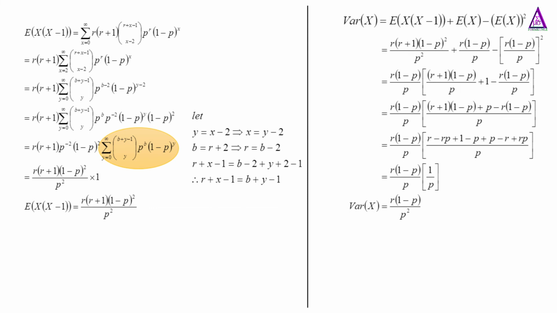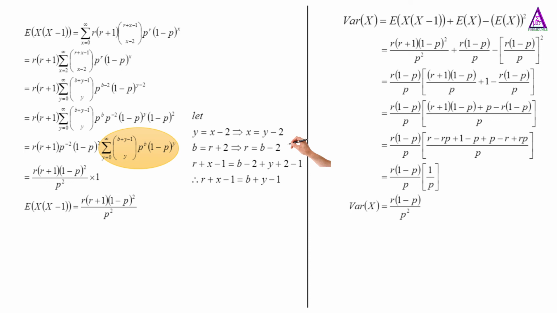After that, say let y equal x minus 2, which implies that x equals y plus 2, and b equals r plus 2, which implies that r equals b minus 2. So therefore r plus x minus 1 equals b minus 2 plus y plus 2 minus 1. Therefore r plus x minus 1 equals b plus y minus 1.